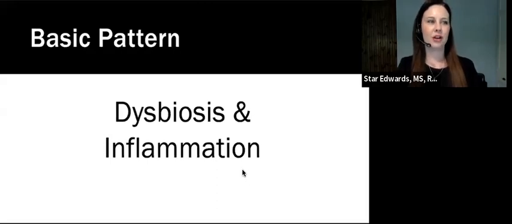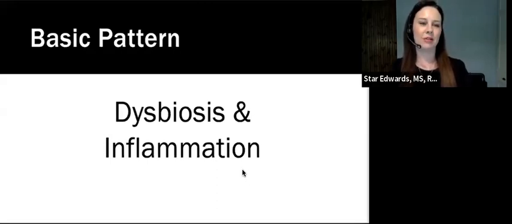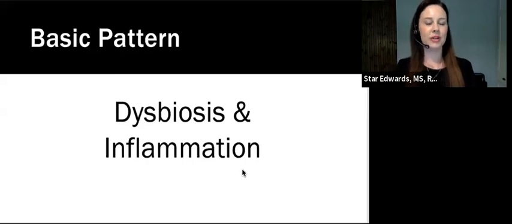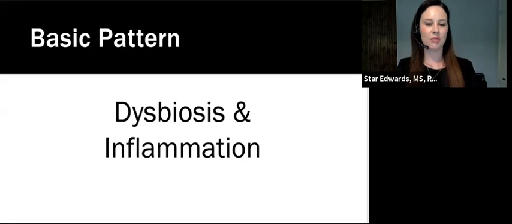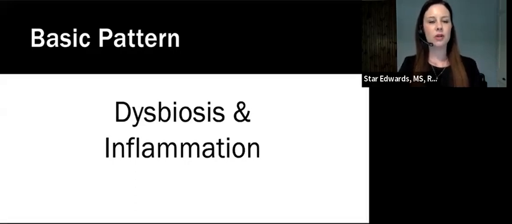I want to start by talking a little bit about what a pattern is, because we talk a lot about patterns, but what does that even mean? The way that we're using this term came about because if you go to PubMed or the literature and search for the gut microbiome and any symptom or health condition, there's going to be lots of research that has looked at stool tests in these conditions.